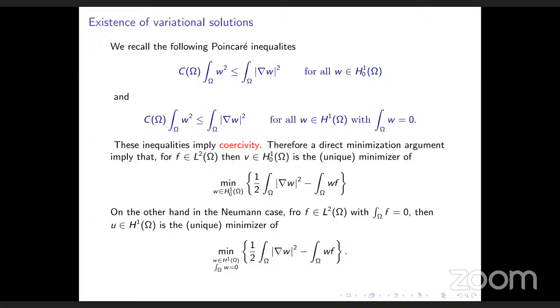Even if you replace the gradient square norm with something else, in general, if you have this type of inequalities, which allows you to get coercivity, then you get existence of minimizer. So even in the non-local theory it's still the same, and it doesn't cost too much to obtain existence of solutions and things like that.